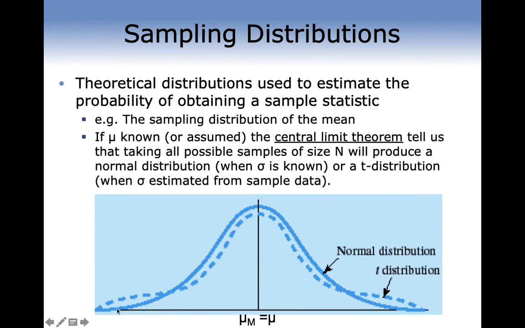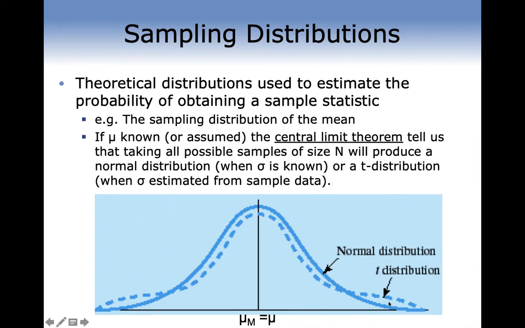The low height of the curve tells you that it would be very infrequent to get a mean that was quite a bit less than the population mean. It also happens not frequently at all to get a sample mean that is much, much higher than the population mean.